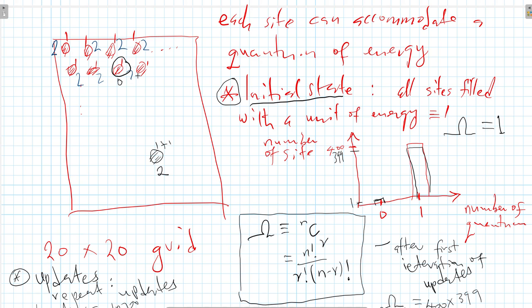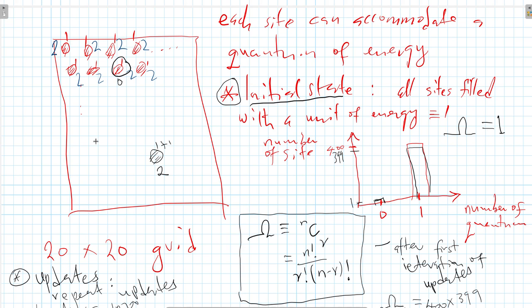The process of updating remains the same. One can see that the number of quanta of energy is much bigger compared to the situation where we have only one on each of the sites.